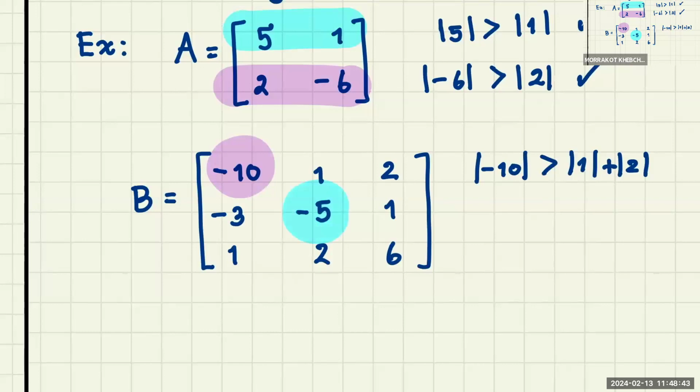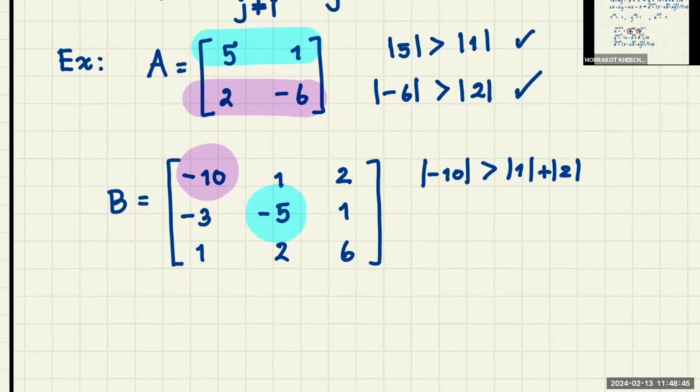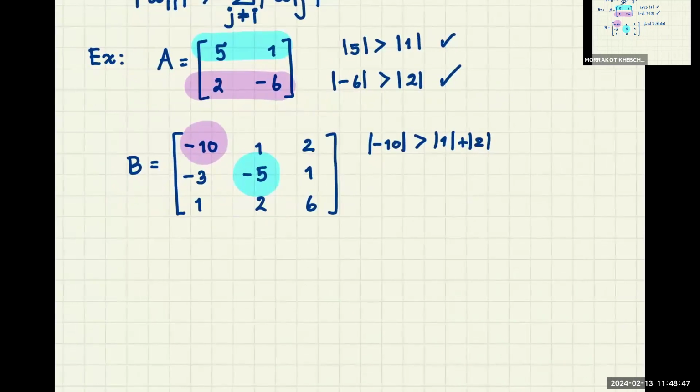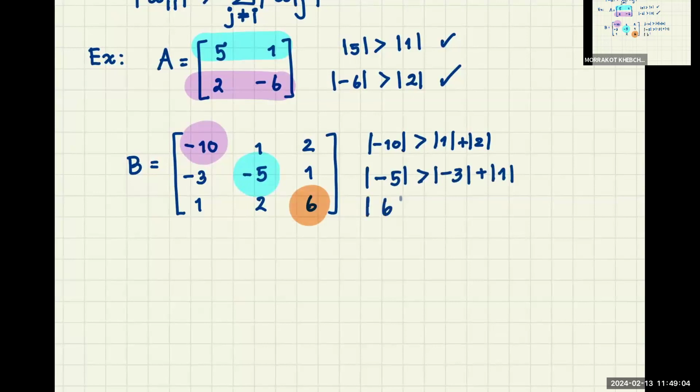This one, you have the absolute value of -5 greater than the absolute value of -3 plus 1. Okay? And the last one, 6. So this is called strictly diagonally dominant. Okay?